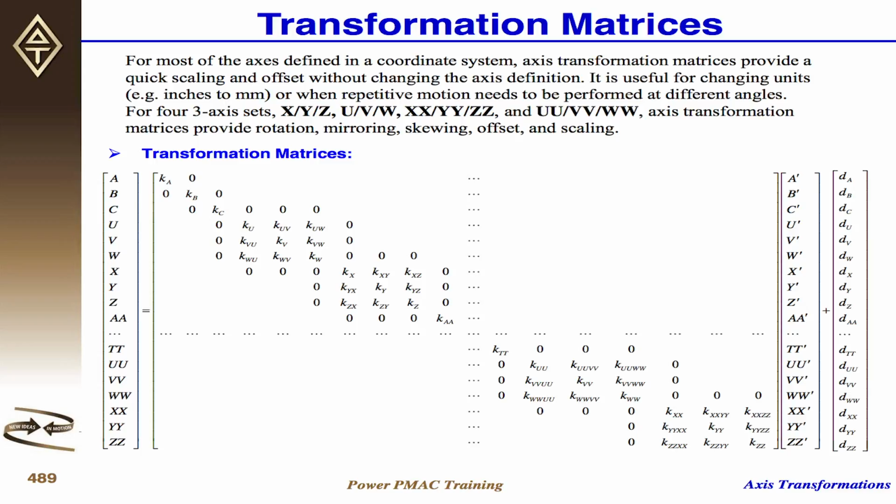That's why in this giant transformation matrix, other than the matrices for these axes, the others are just the diagonal elements for scaling. So you can still do the scaling for the other axes other than these 4 sets, but these 4 sets can do rotation, 3D rotation transformation for you. Okay, so that's the first thing to know.